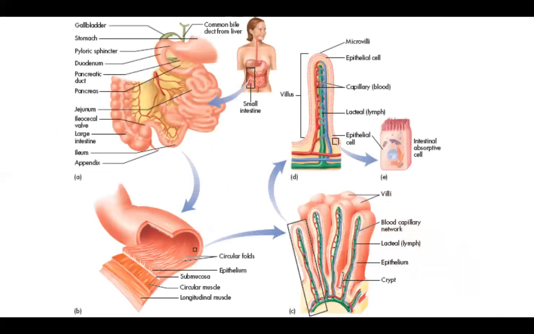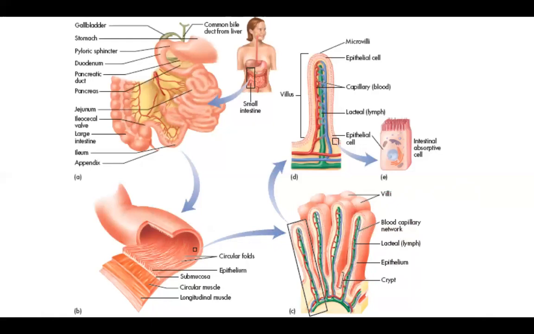So some more in-depth pictures of the small intestine. Here you see the small intestine blown up into the insides of the intestine and then into something called villi and microvilli. So in the small intestine, there are, I don't even know, millions of small finger-like projections called villi, and these stick out into the inner part of the small intestine.